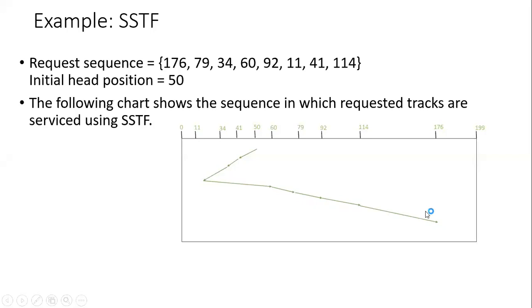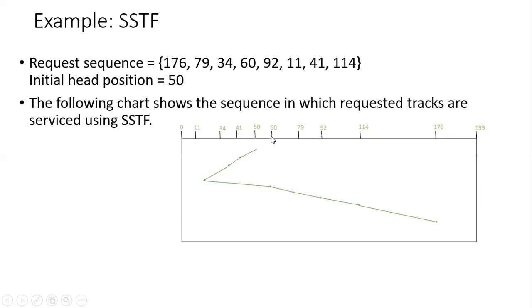But what will happen if you have two blocks which are at the same distance from the head? Might be you are having a situation where your head is at block number 60, and you have two requests, one at block 55 and another at block 65.